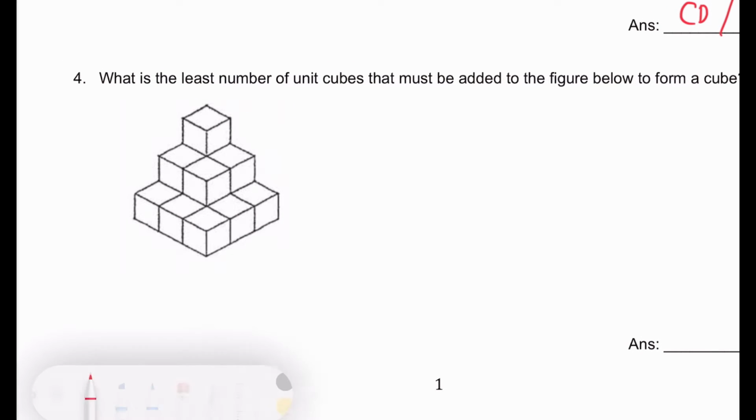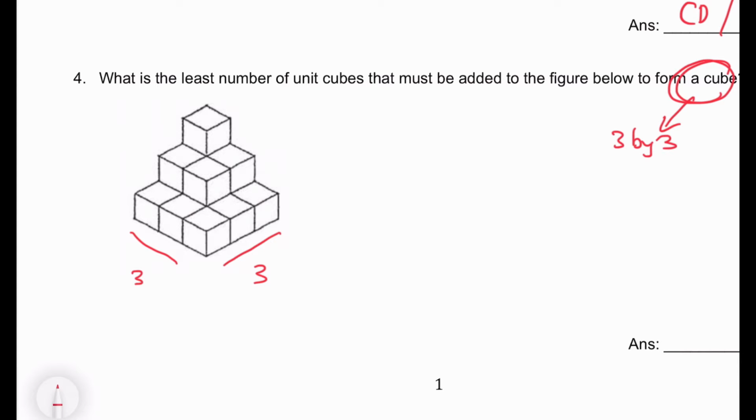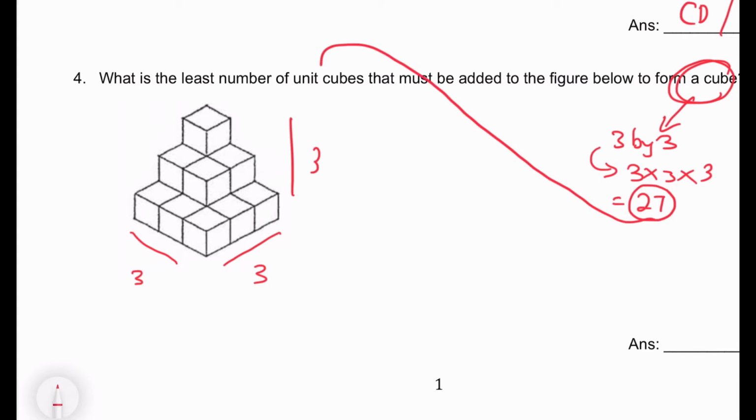So let's take an observation of this cube that we have. It's a 3 by 3 cube, which means its volume is 3 times 3 times 3 equals 27. So there should be 27 of these unit cubes. But how many do we have right now?